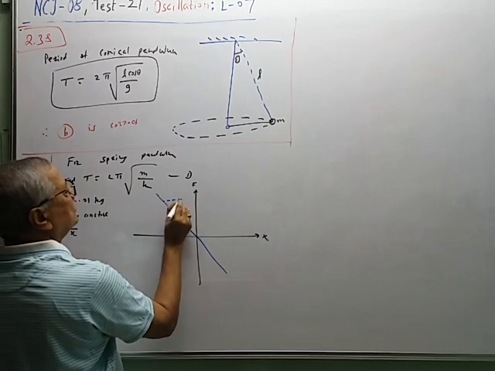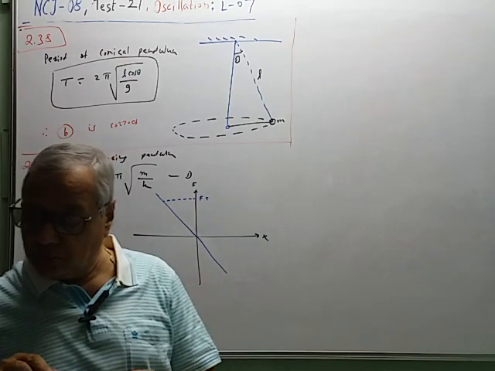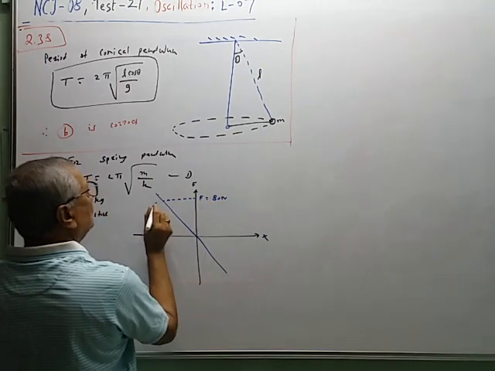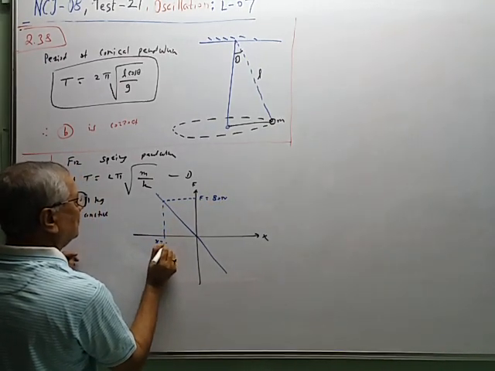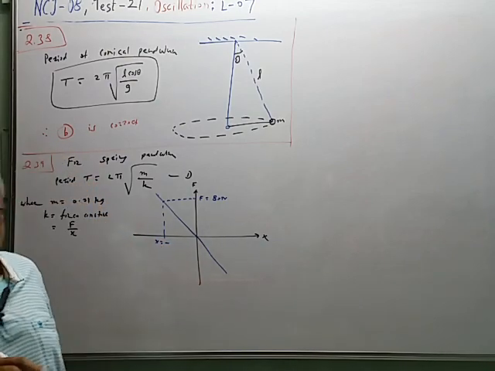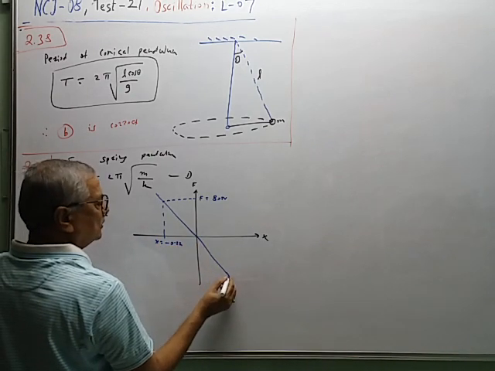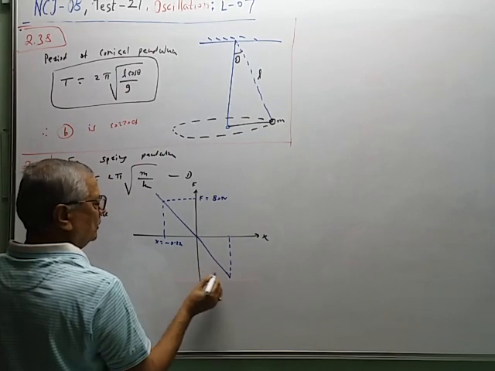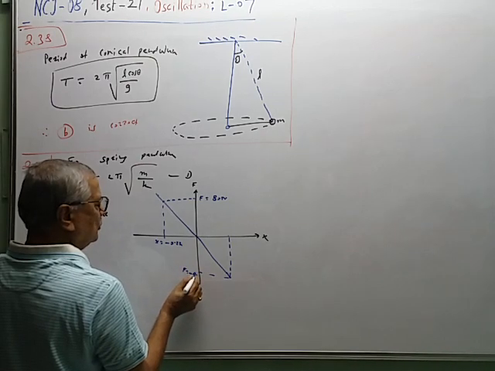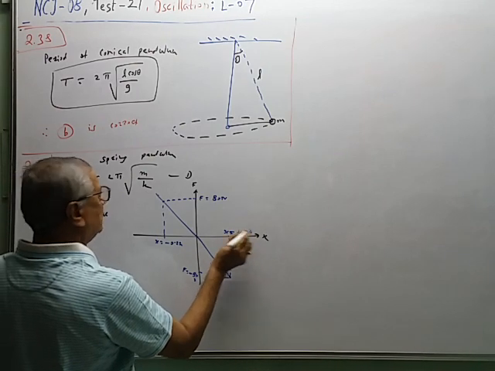So at this point, F is equal to 80 Newton, and the corresponding x is equal to minus 0.2 meter. At this point, F is equal to minus 80 Newton, and x is equal to plus 0.2 meter.